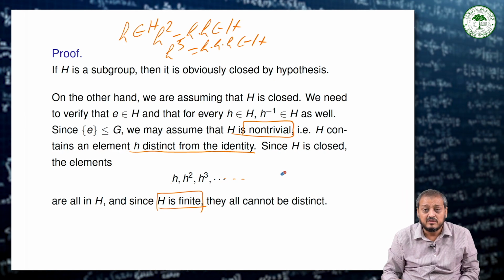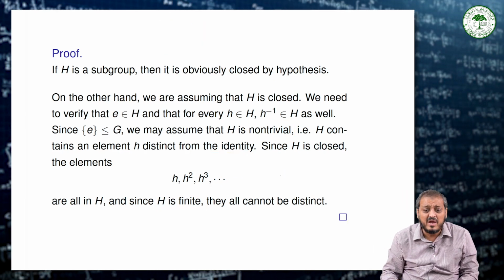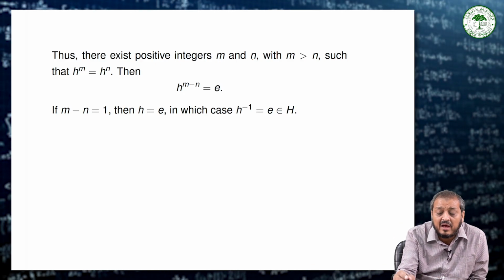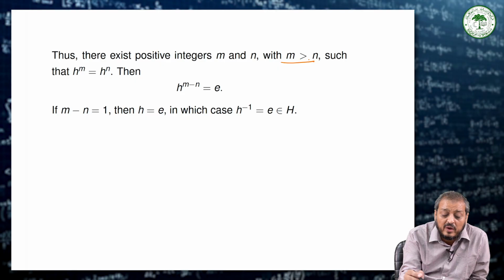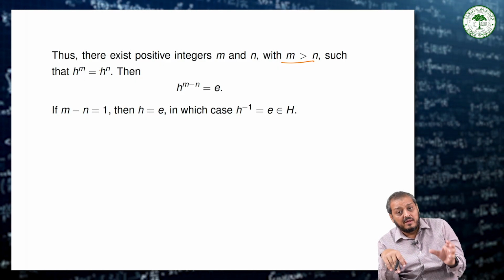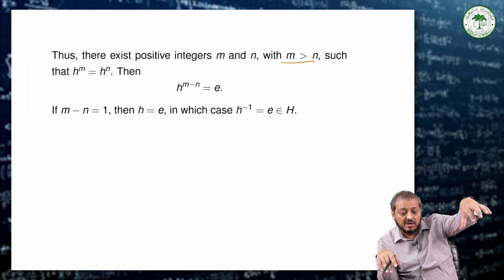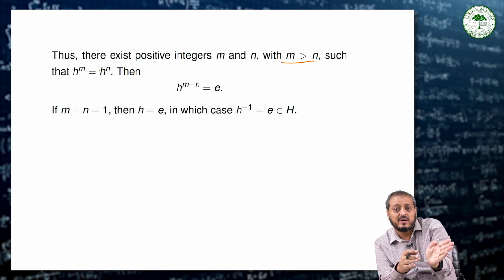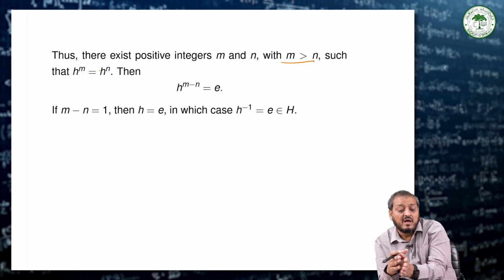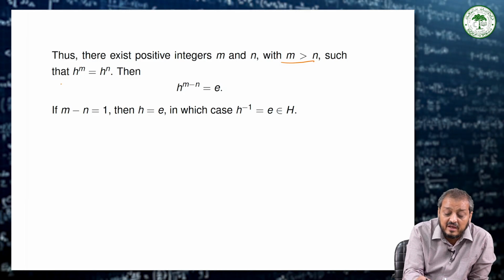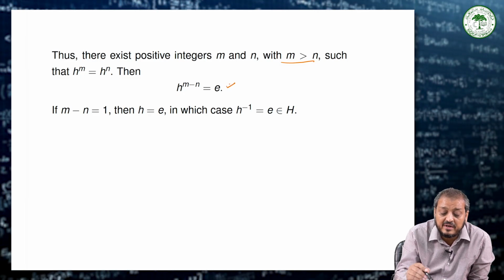Let there exist positive integers m and n, with m greater than n, such that x to the power m is equal to x to the power n. Then we can say that x to the power m minus n is equal to the identity.